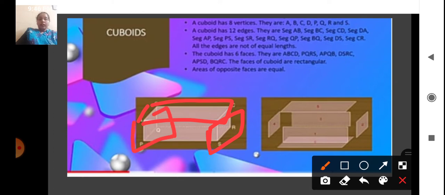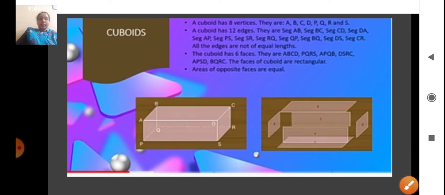PQRS, this one, and DSRC. Okay, children? Now let us see APSD. I'll mark it here.